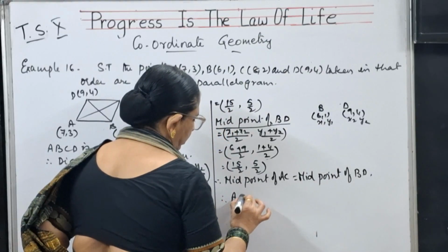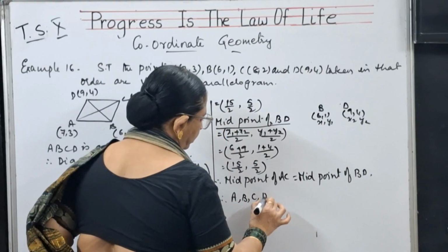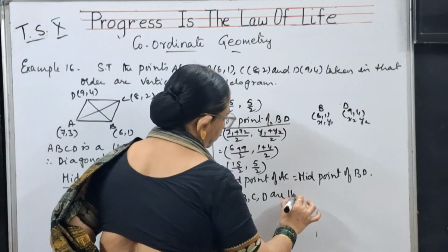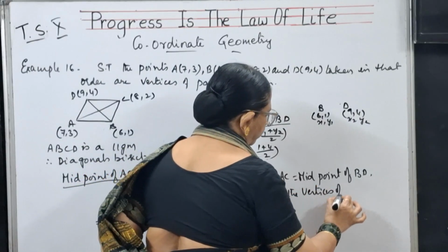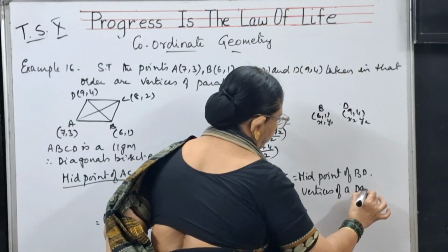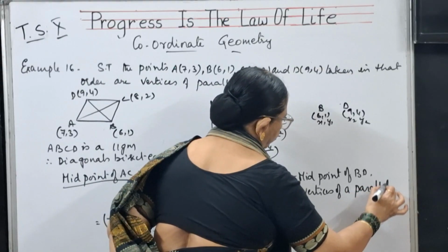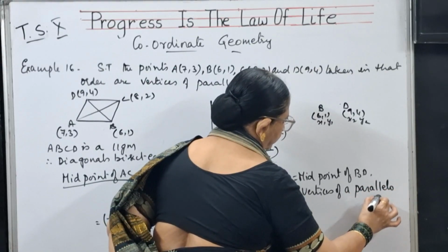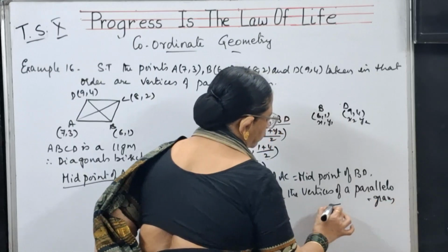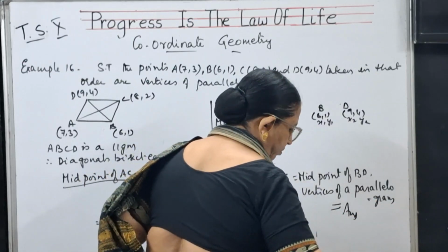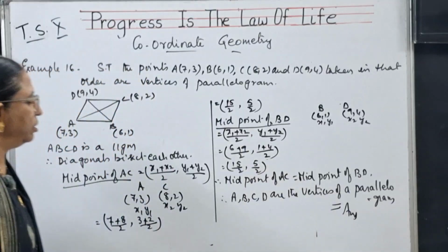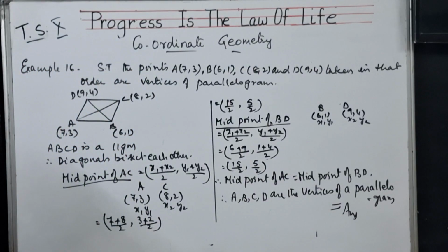Therefore, A, B, C, D are the vertices of a parallelogram. This is the answer, children. Please note it down. Example 16.